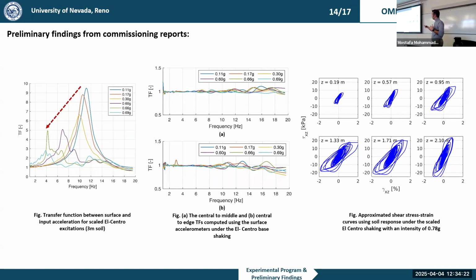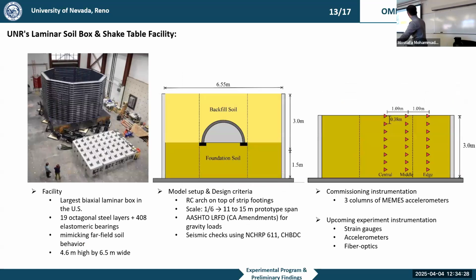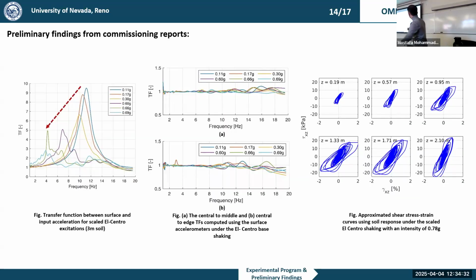We have taken a look at the central to middle. If you remember here, we have central, middle, and edge columns of sensors. We have calculated the central to middle transfer function and also the central to edge transfer function. You can take a look and you will see that until 14, let's say 15 hertz, we are not seeing huge oscillation in the transfer function.